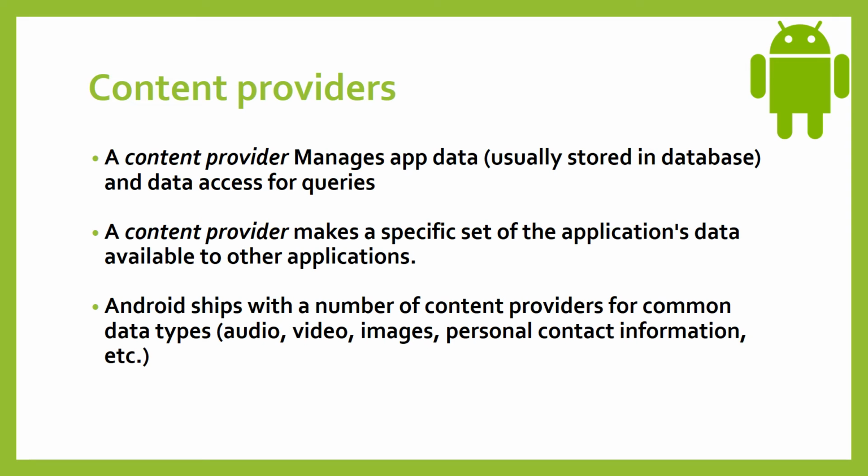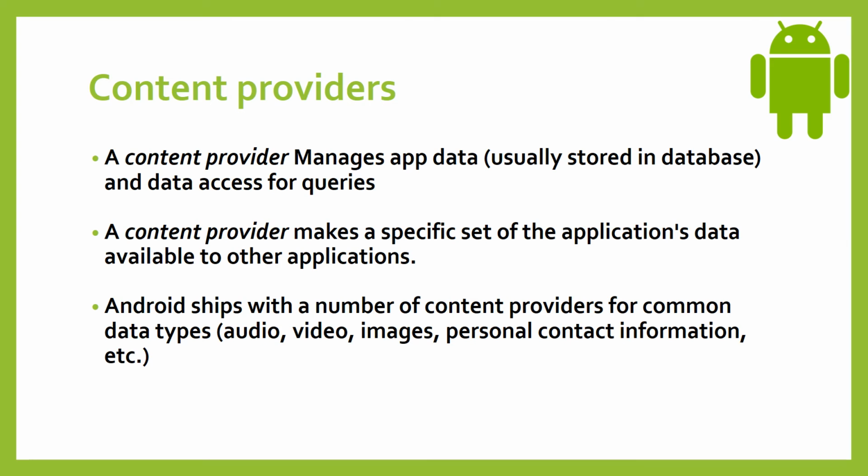And number 4, we have content providers. Now these content providers, as the term says, content refers to the data or the storage, and they are usually stored in databases. A content provider is nothing but some storage that makes data available to applications which make use of the data.